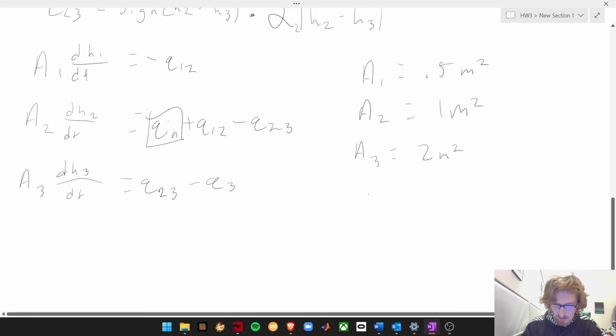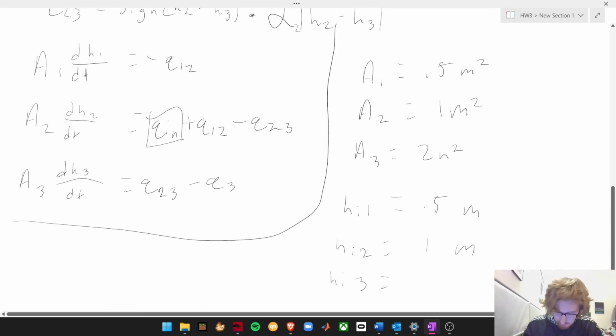The initial height levels are going to be the same numbers, just in meters. So our h initial 1 is going to be 0.5. Our h initial 2 is going to be 1 meter, and then our h initial 3 is going to be 2 meters.